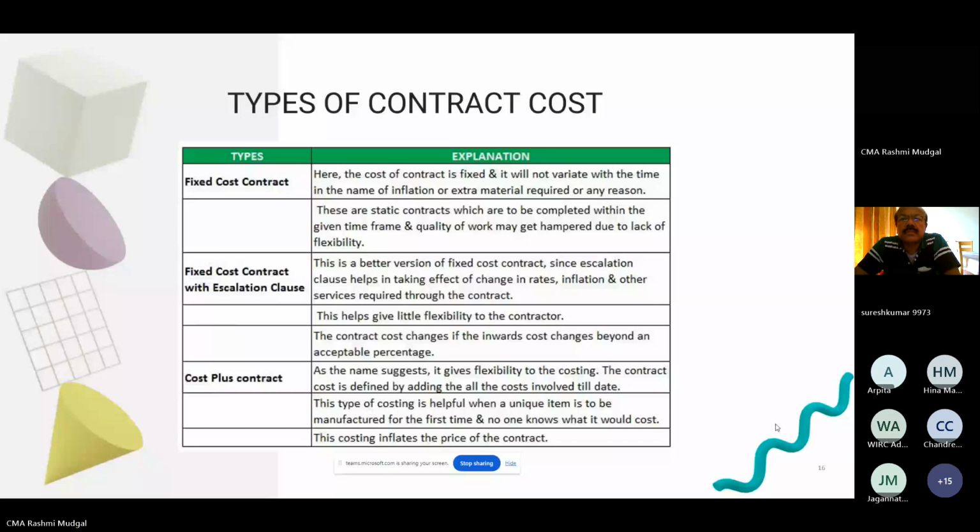As the name says, the cost plus contract gives good quality to the contractee, as the quality of work has not been hampered due to any constraint. Okay, so this is contract costing.